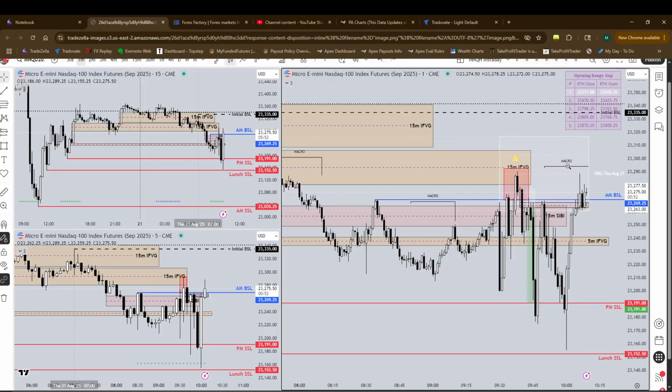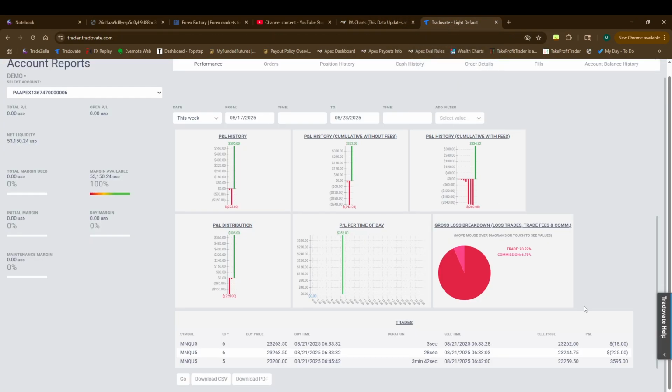just outside the macro. We have a displacement, and my entry once again was at 9:42. It was in this SIBI right here. My stop loss, I want to say it was about what? If my entry was 23,... let's see, what was my entry? My entry was 23,529. That's right.